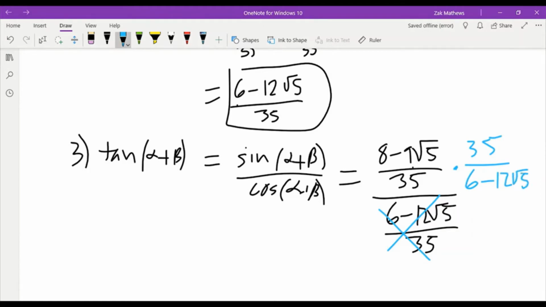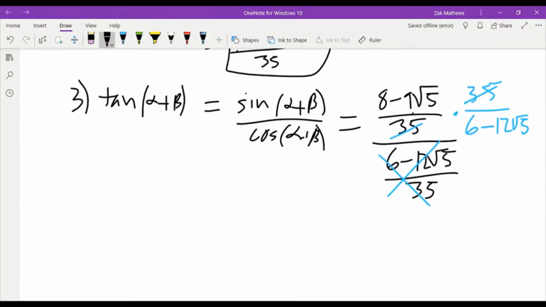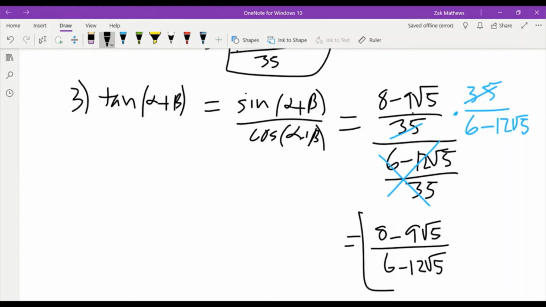And so here, because the 35s are there in factors, I can cancel the 35s, and that leaves me for a final answer, 8 minus 9 root 5 over 6 minus 12 root 5. And so that would be our answer.